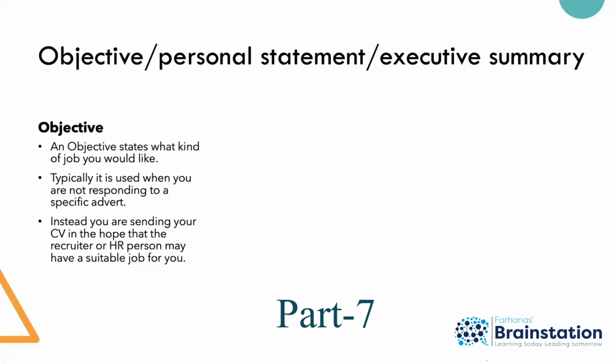When the HR gets your CV, by understanding the objective, he can understand that yes, you are a marketing graduate, but you want to work for sales. Or you are a marketing graduate, but you want to work for branding and communication. So this is actually the purpose of writing an objective.